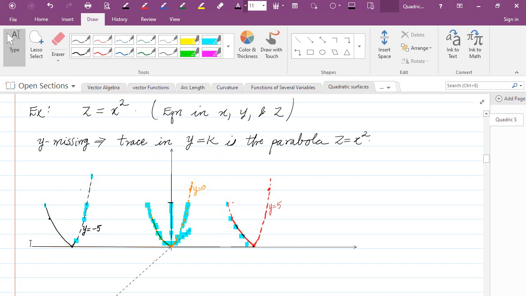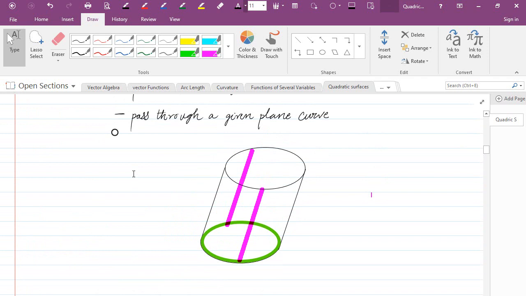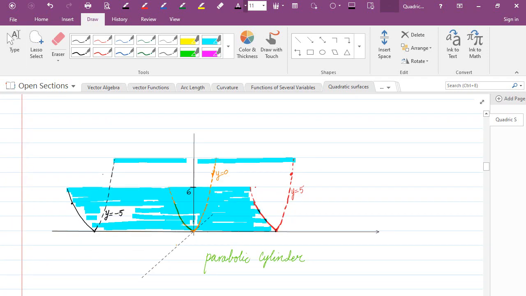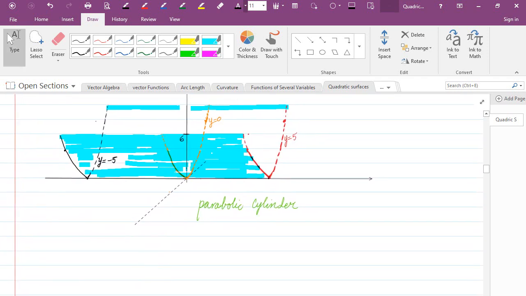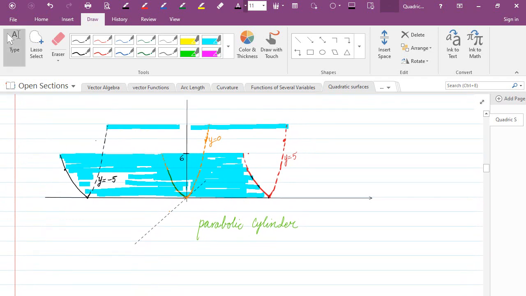Now as k goes from negative infinity to positive infinity, imagine that you are moving these parabolas from the negative y direction to the positive y direction, and as you move these parabolas, they are sweeping through the surface. That's the graph of this. So the graph of this would be something like this, and this is called a parabolic cylinder.